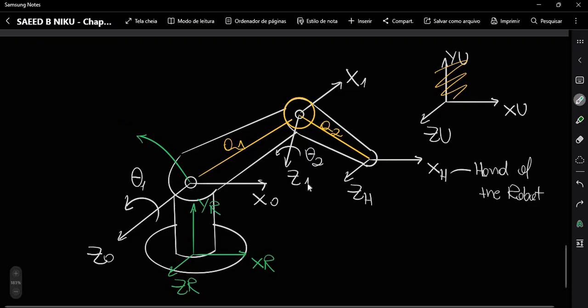Let me write reference frame of number 0, and reference frame of number 1.